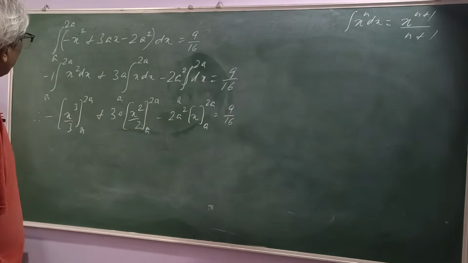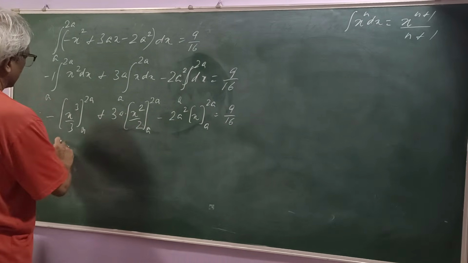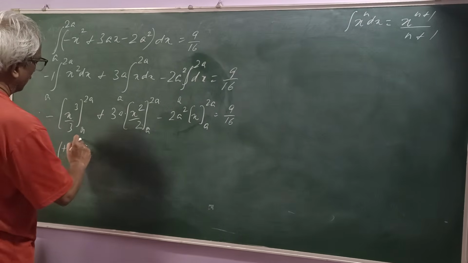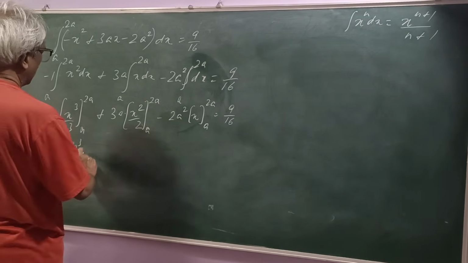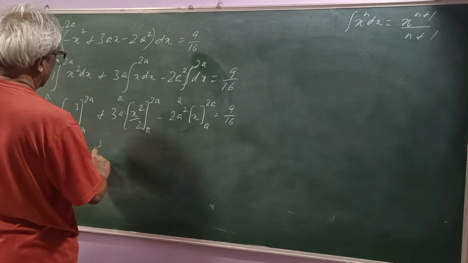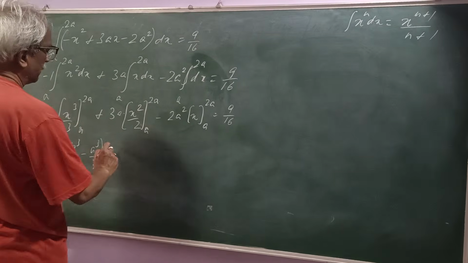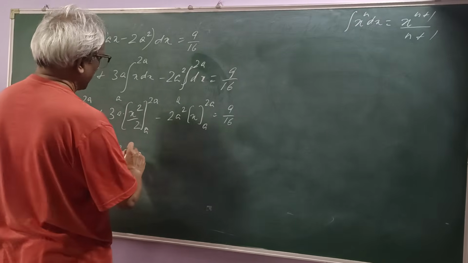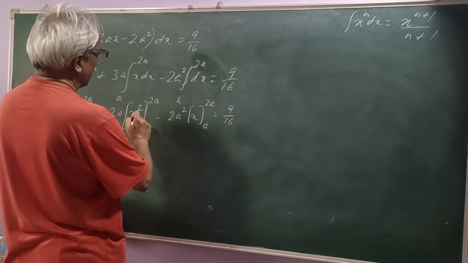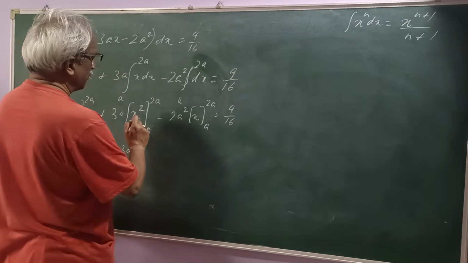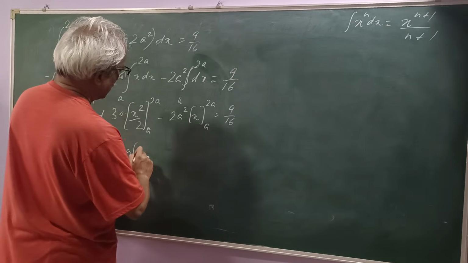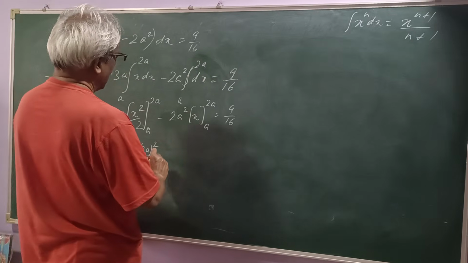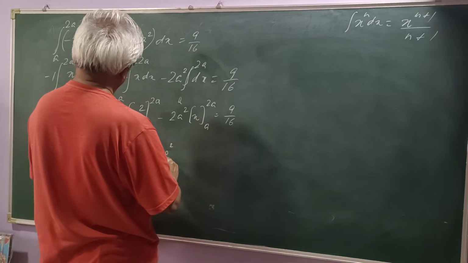So let's simplify. I get the minus sign here: minus 8a cube by 3 minus a cube by 3, plus 3a. I'll put x equal to 2a. When I put x equal to 2a, I get 2a square, which is 2a square by 2 minus a square by 2.